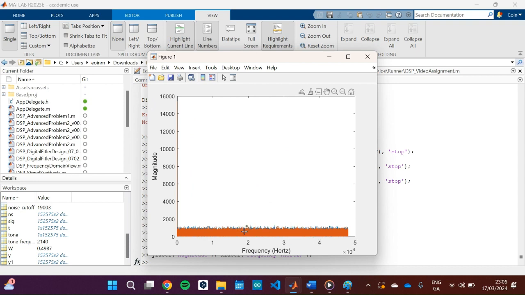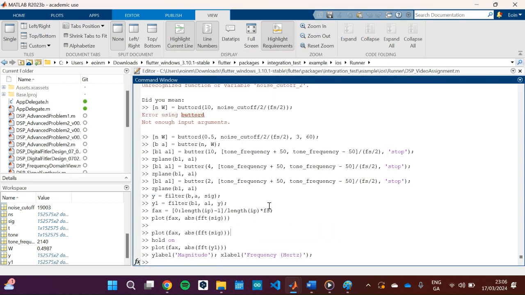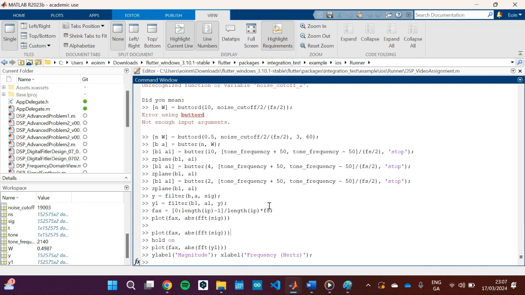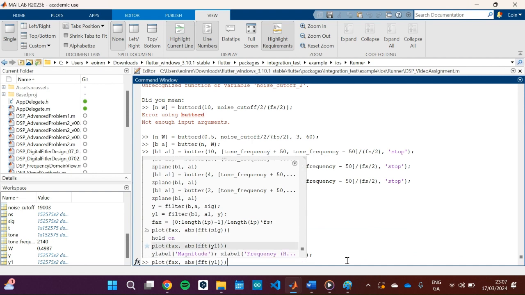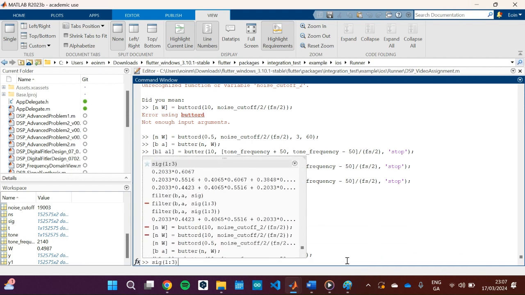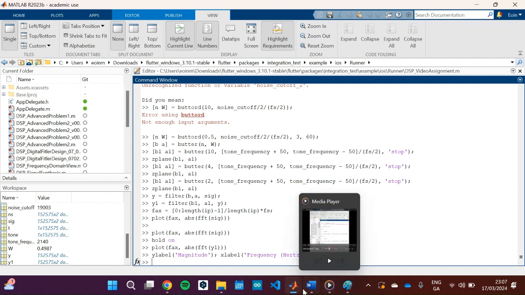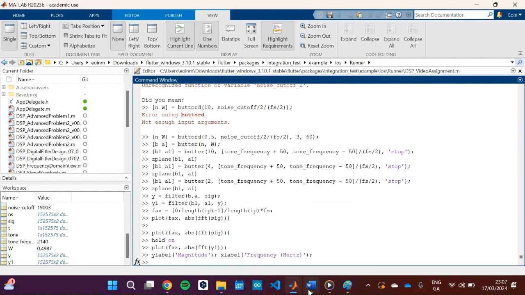That's how it looks. There isn't much difference between the two. But yeah, that's it. Let's just double check that I changed something. Yeah, that's all. I've labeled the axes.